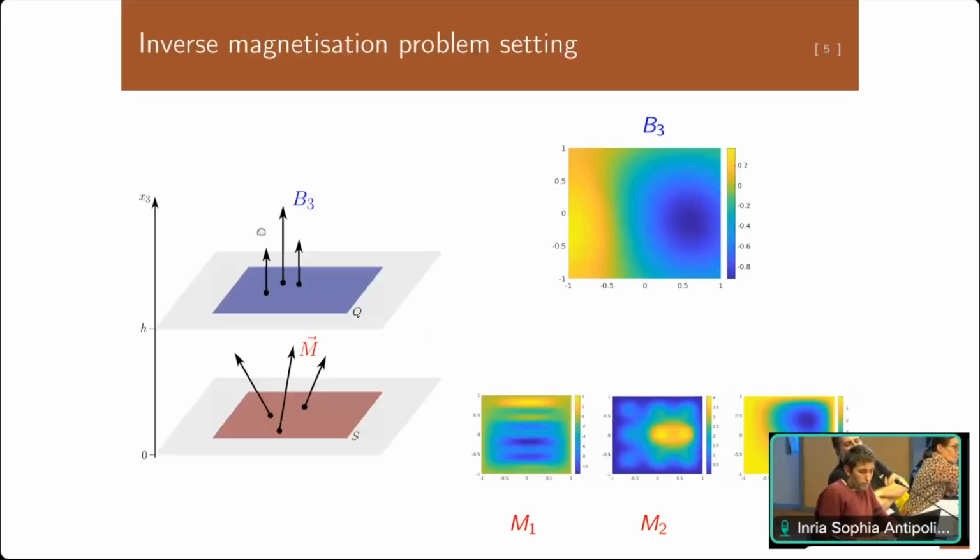So, for example, we have this magnetization vector in the region S, which is given by these three functions, and it produces the field B3 at distance h from it. And the inverse problem is, given this field, to reconstruct these three functions. So we want to reconstruct three functions from knowledge of one.